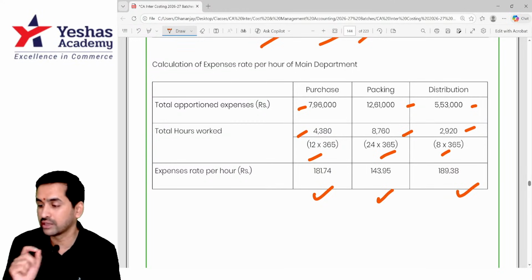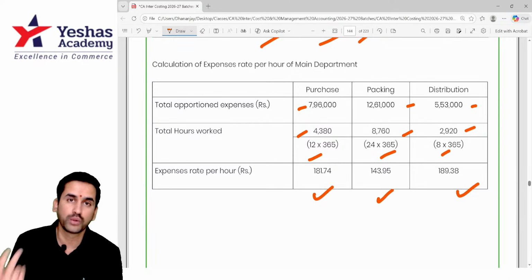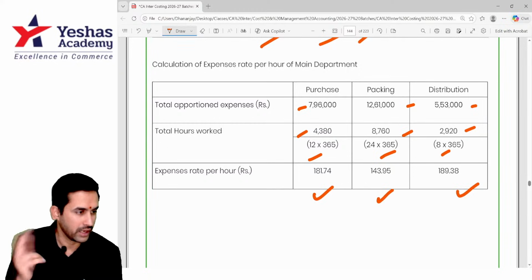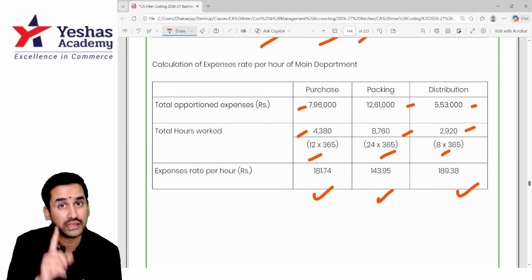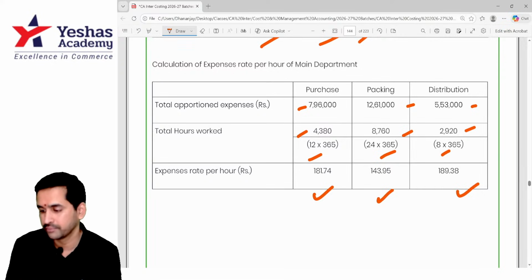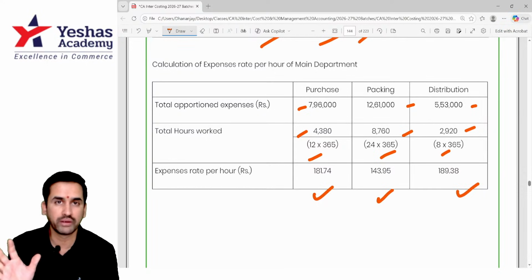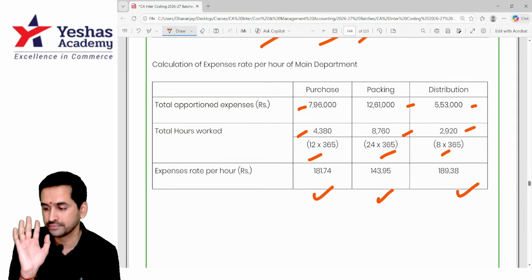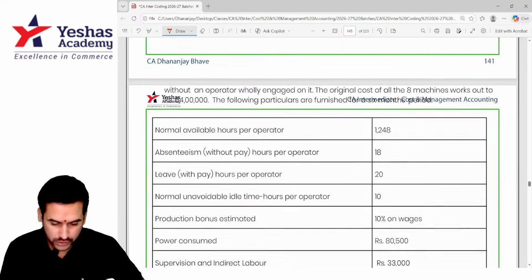But if they use the word repeated distribution method, S1 goes to S2, S2 goes to S1, again S1 to S2, again back and forth and back and forth. You keep doing it in repeated distribution only. The moment you see step ladder, your work is reduced. Take S1, give it to everybody. Take S2, give it to everybody other than S1. Perfect. Moving on. Next question.